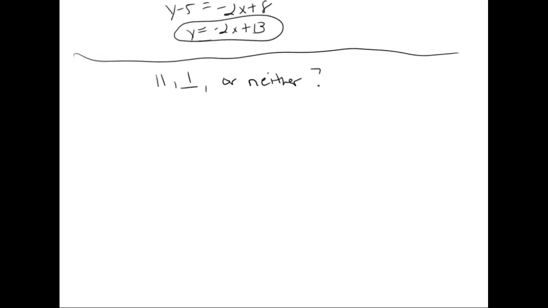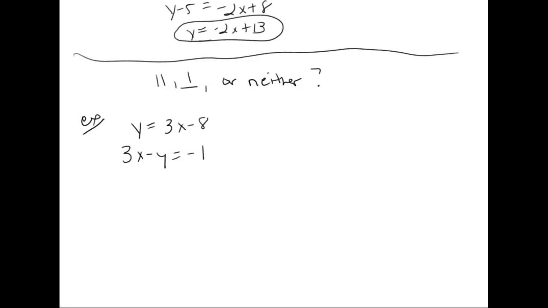All right? So for example, if we're given the two functions, y equals 3x minus 8, and then we have the function 3x minus y equals -1, we have to decide, are they parallel, perpendicular, or neither?